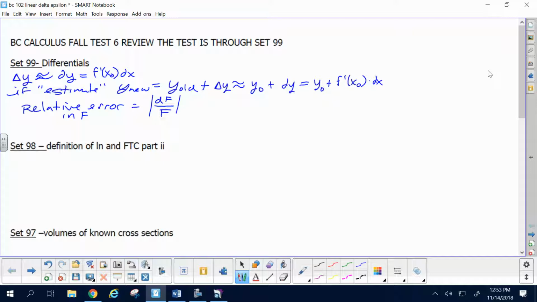It's meant to not just find how much error there could be, but is that a lot of error? Well, that's relative to what you measured. You relate the error to that which you measured to say, is that a lot of error? The percent error then would just be the same idea, but making the relative error into a percent. All right? You follow? Okay, good.